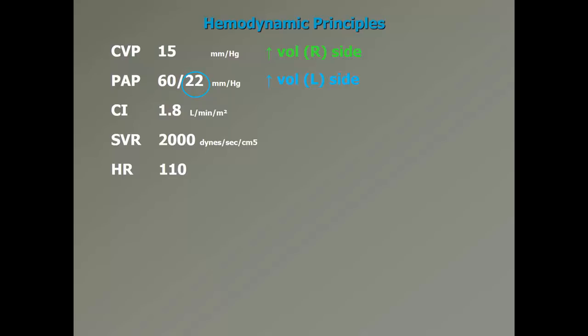Then we see that the cardiac output, or the cardiac index, the cardiac output adjusted for size and weight, is 1.8. The cardiac index is low. Why would the cardiac output be low?